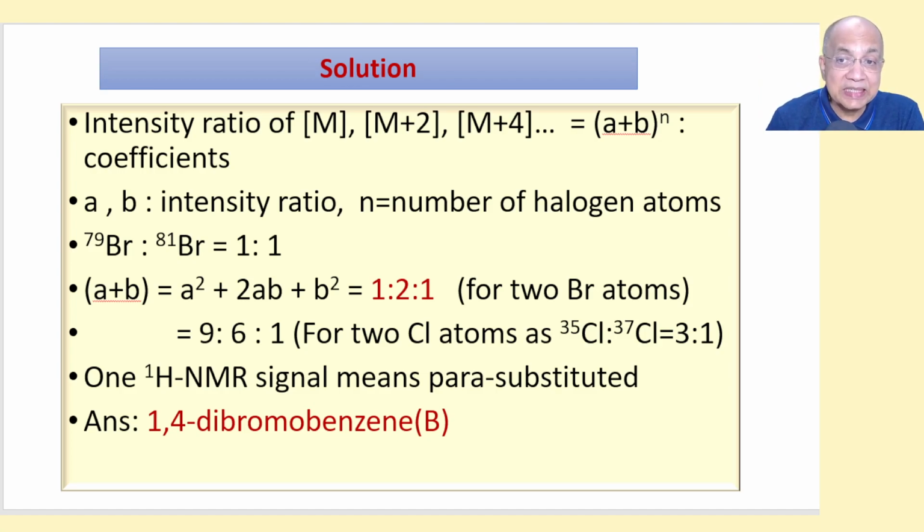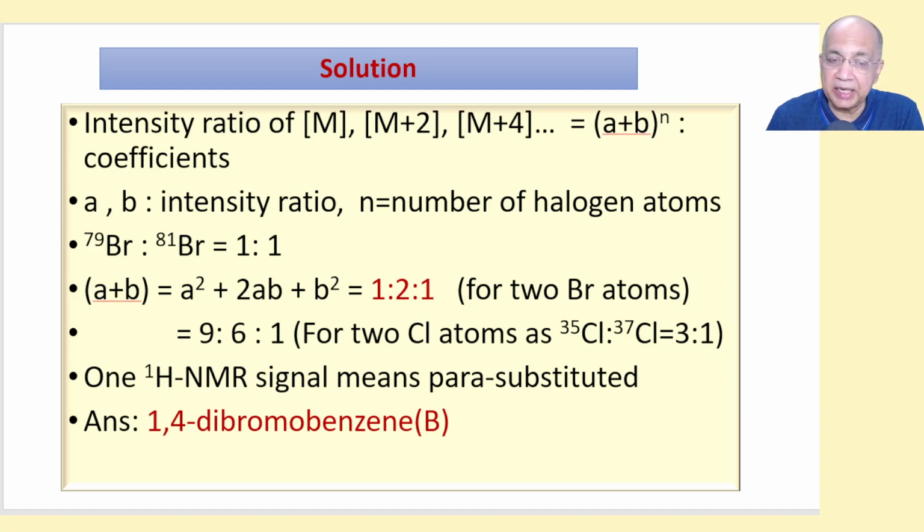So this is for the 2 isotopes, a plus b, right? That is valid for chlorine and bromine, which are diisotopic. n is the number of such atoms. How many bromine atoms are there? If it is 3, then you have to make the power 3. It will be a cubic expression.